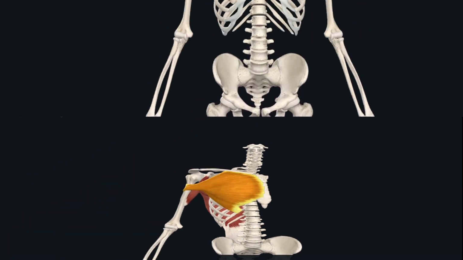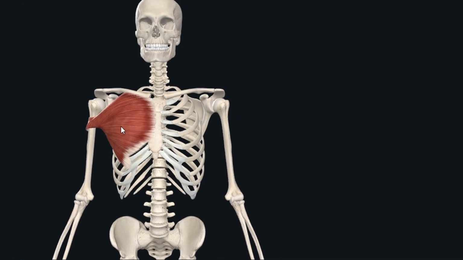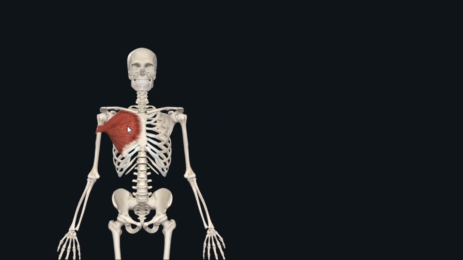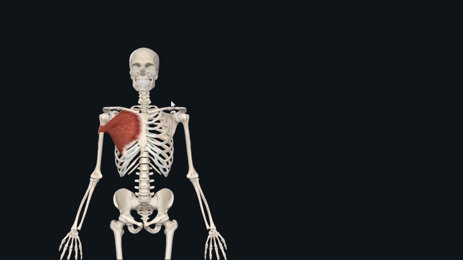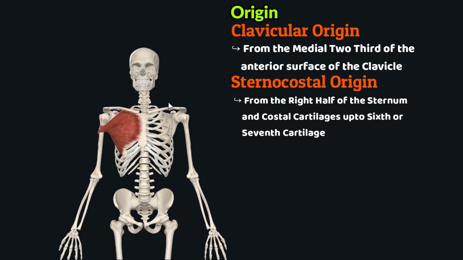Now a quick review of the important points about the pectoralis major muscle. It has two heads of origin, a clavicular head which originates from the medial two-thirds of the anterior surface of the clavicle, and the sternocostal head which originates from the front of the sternum and from the costal cartilages up to the sixth or seventh costal cartilage.